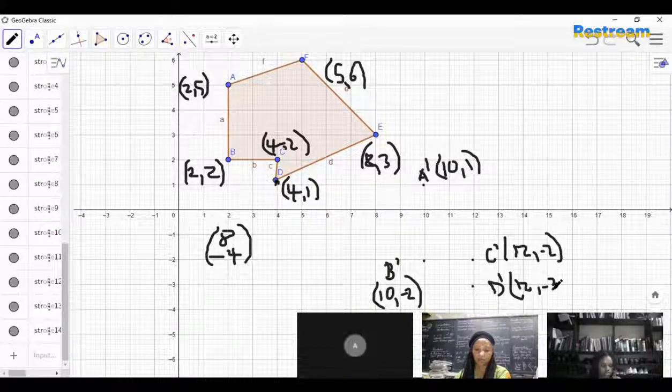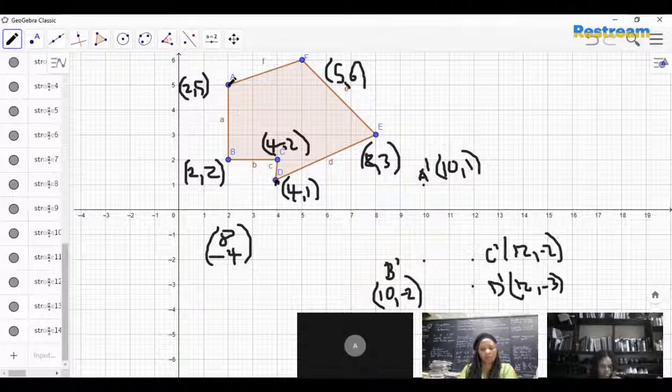Miss, when we draw the first angle, do we need to plot it, or can we just look at it? What do you mean? When you draw the first angle, you know where A is, and if you know where it is, you know where B, C, D, E, F are.